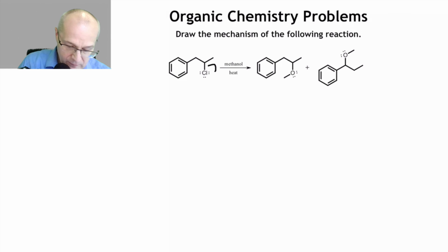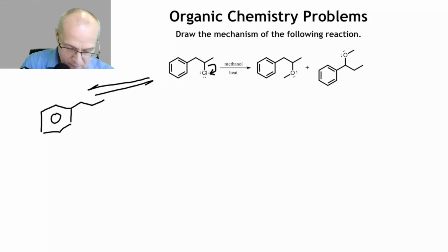The leaving group leaves. The bond electrons go to the leaving group, forming a carbocation. I'm going to draw it way over here, so I have lots of room. Plus charge is now there. There's a cation on that carbon. Well, we know that the solvent will attack the carbocation.